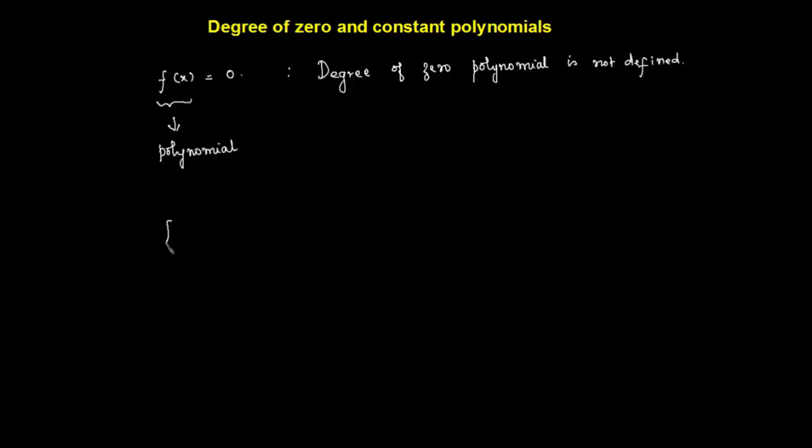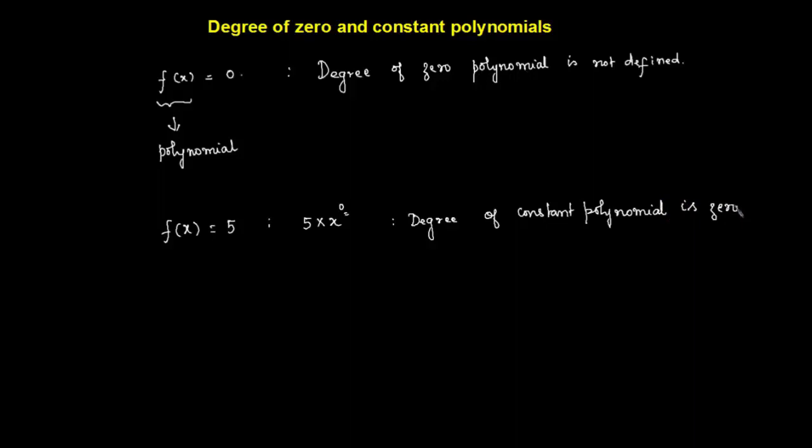Suppose you have a constant polynomial f of x equal to 5. Now this can be written as 5 into x to the power 0. Therefore the degree is 0. So the degree of a constant polynomial is 0.